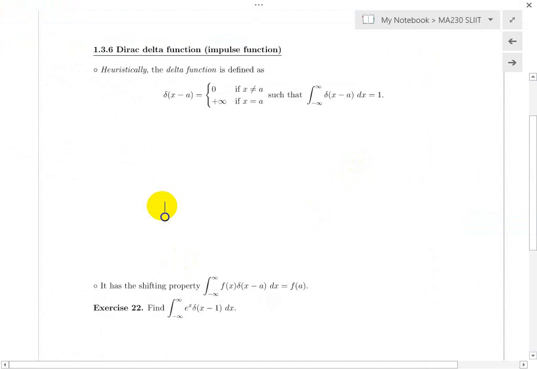Now if you look at this definition, it is a little bit strange, right? So we are saying some number, let x minus 0 is equal to.